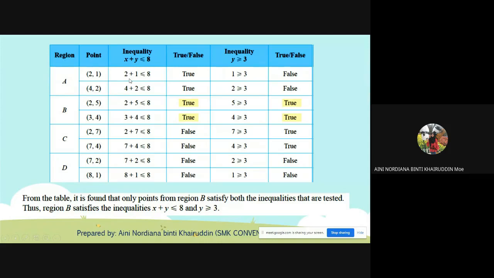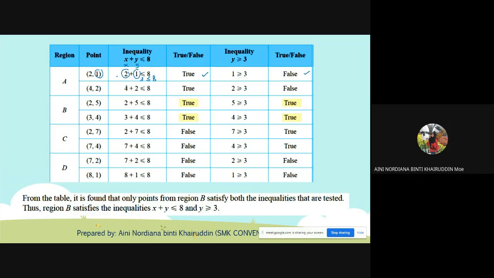So let me show you. x plus y less than or equal to 8. This is the value of x and this is the value of y. 2 plus 1 is 3. 3 is less than or equal to 8. Is it true? So true. Then for y greater than or equal to 3, y is 1. Is 1 greater than or equal to 3? No, it's false. So write false.